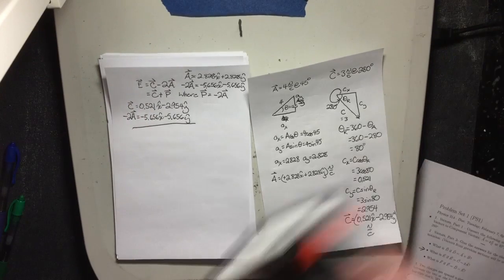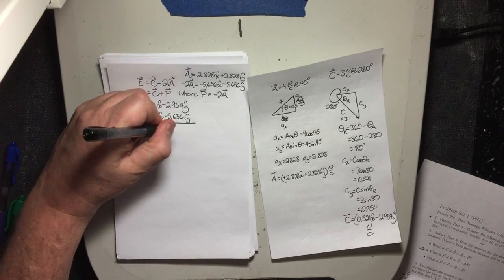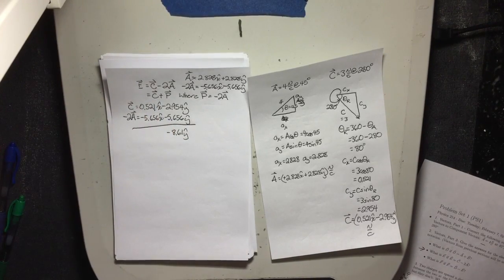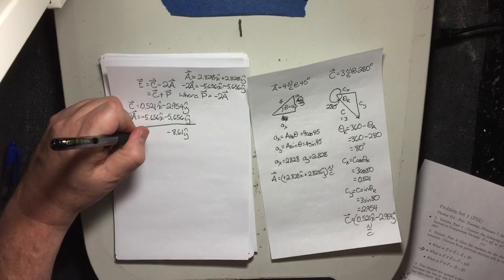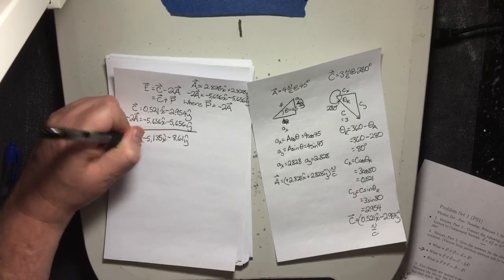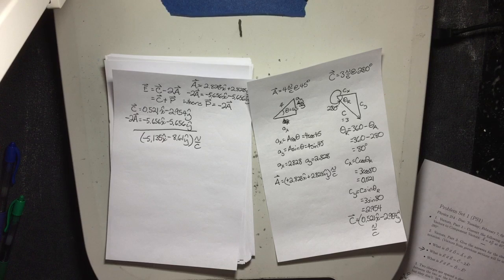So this gives you 8.61 y hat minus 5.135 x hat. So that is the resultant of c minus 2a as a component vector.